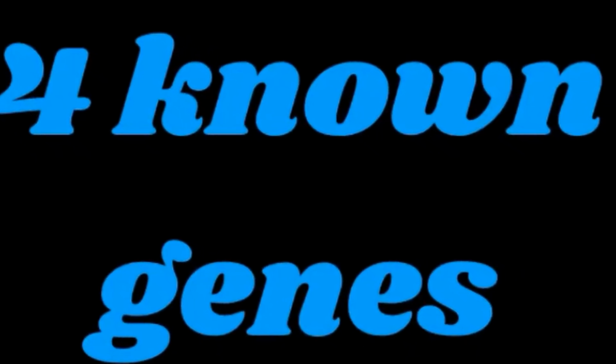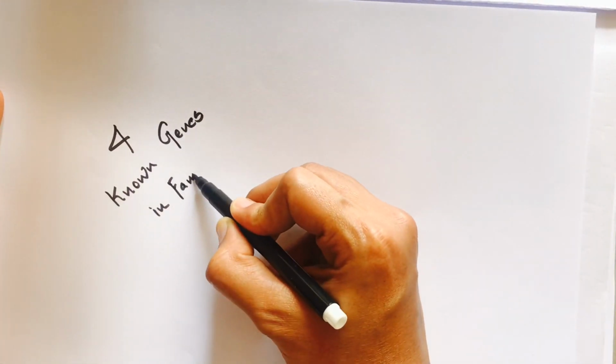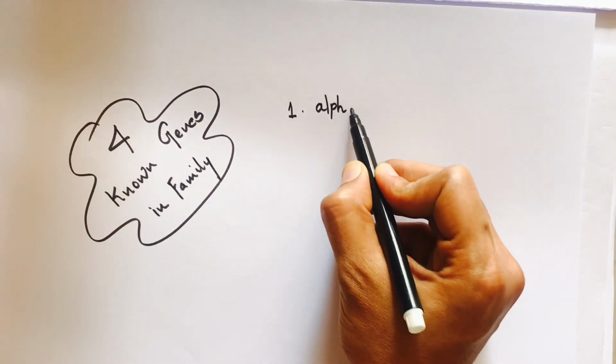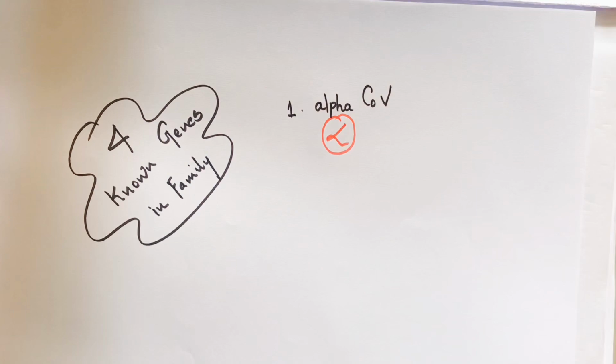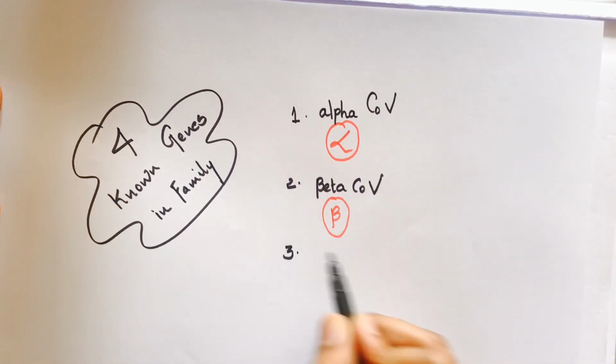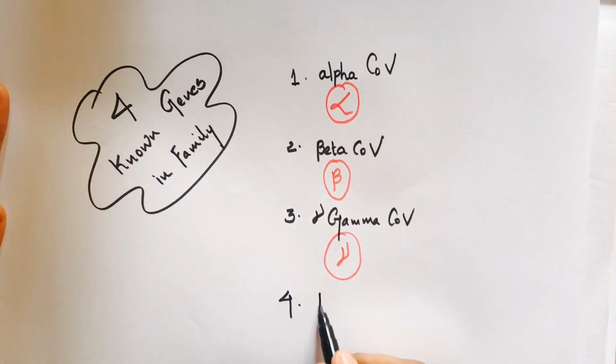And there are 4 known genera in the family. They are alpha, beta, gamma, and delta.